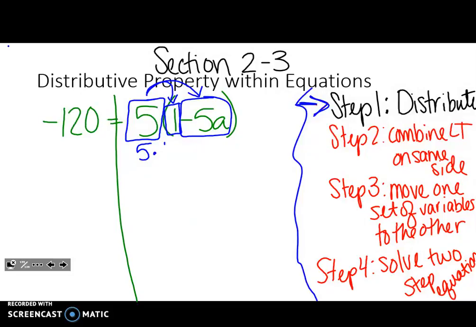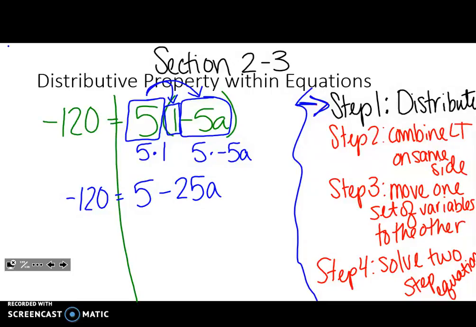So I take 5 times 1, and I take 5 times negative 5a. So I get 5 minus 25a. There's nothing to combine, so I'm skipping step 2. We don't have variables on both sides, so I'm skipping step 3. So I'm moving down here to step 4, where I'm going to solve the two-step equation.